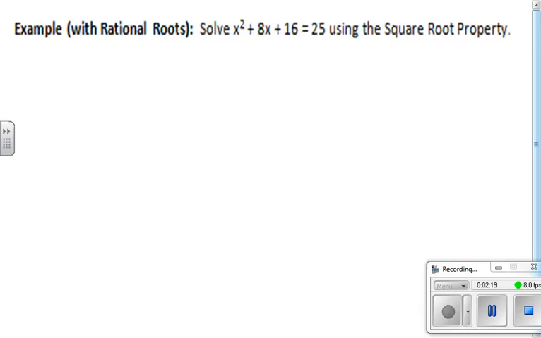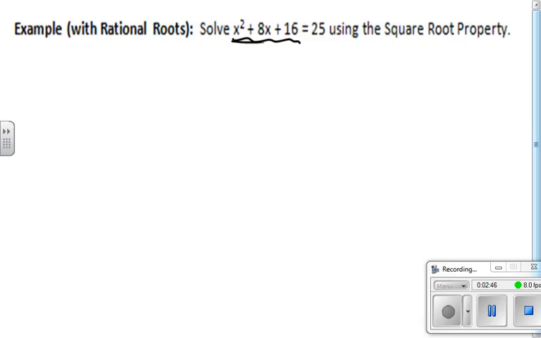If we want to solve using the square root property, this is a case where we have rational roots. So in this case, this is our equation: x² + 8x + 16 = 25. The first thing we have to do is factor this side to get it down into that square form that we were looking for.